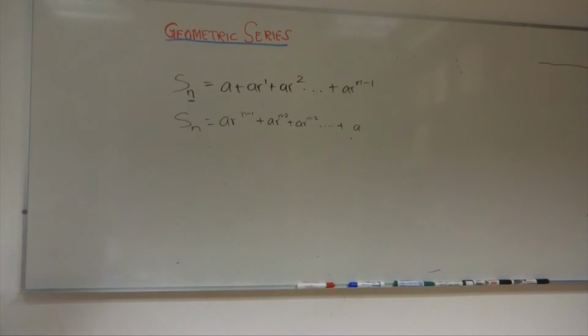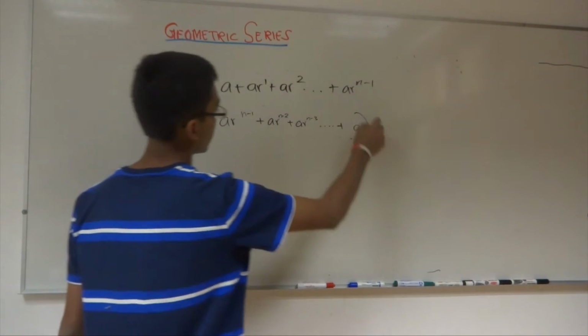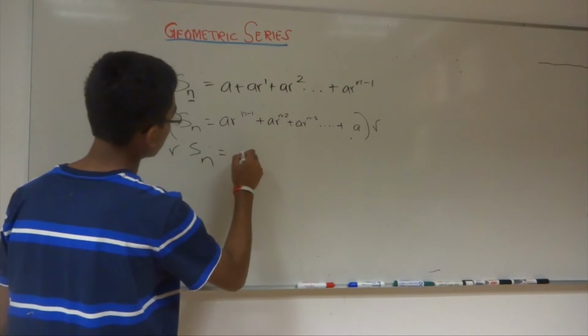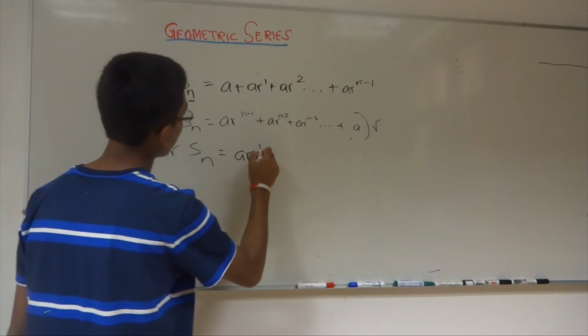Now, thinking about this, we can multiply this whole thing by r. So you get r S sub n is equal to a r plus a r squared, dot dot dot, up to a r to the power of n.